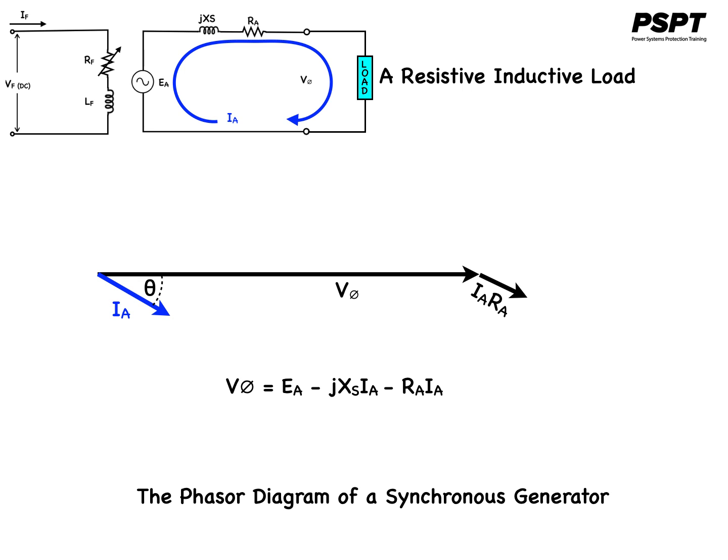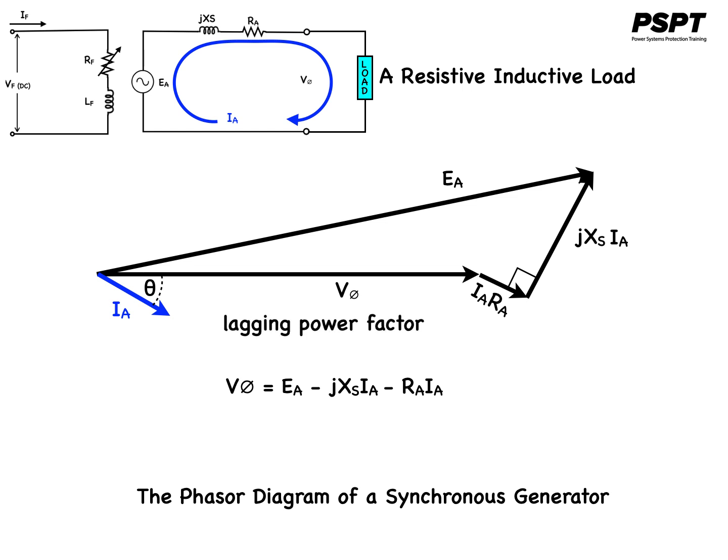We now are summing the voltage phasors according to Kirchhoff's voltage law. Because the internal reactance is inductive, the voltage will lead the current by 90 degrees in this element, as expressed by jXSIA.